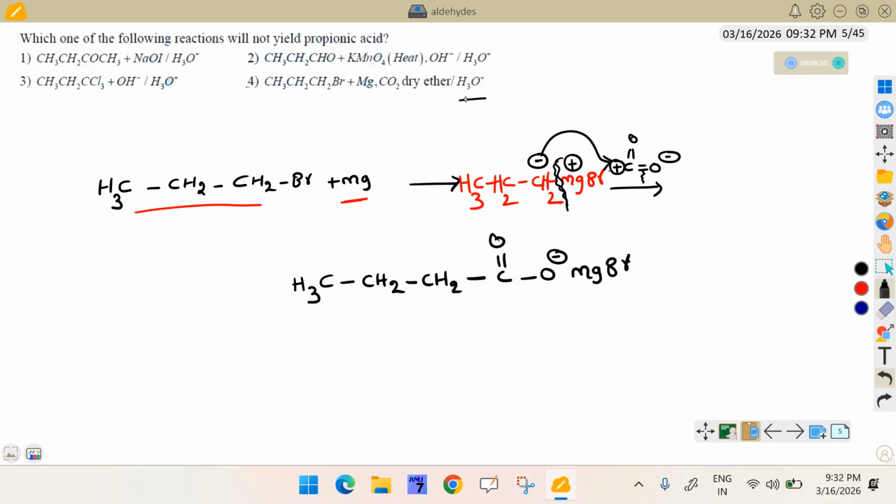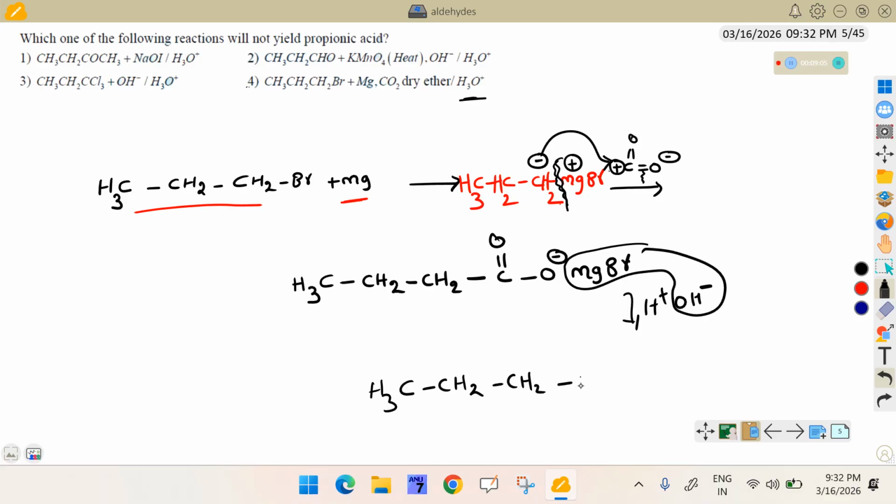Which on further hydrolysis, H2O dissociates like H plus and OH minus. Remove MgOHBr. Then it gives CH3CH2CH2COOH. The name of this acid is butanoic acid.